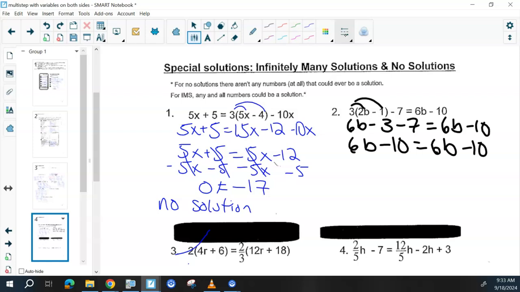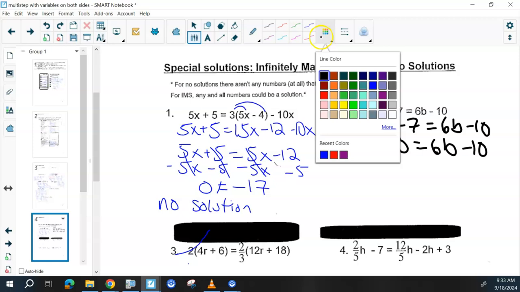Before we keep going, what stands out about this? Maddie? Yes. Both sides are exactly the same. So when you get something that looks like that, that should stand out or bells should go off. This is going to be a special case.